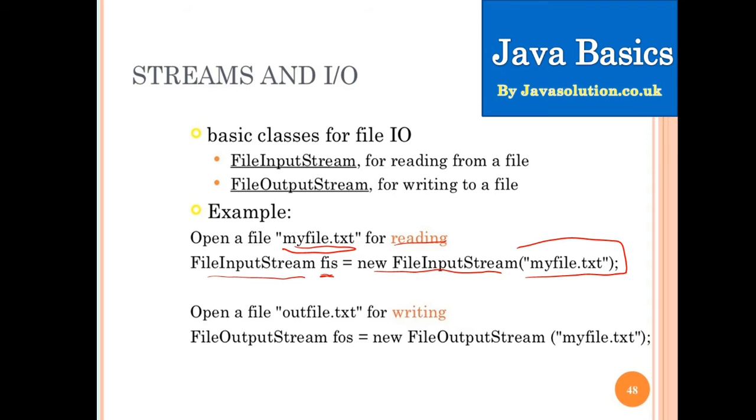This will open the file. If you need to write to a file, you define a FileOutputStream and again specify the constructor with the file name. By this you can open a file and start writing to it. So the first, FileInputStream, is for reading from the file, and the second, FileOutputStream, is for writing to the file.